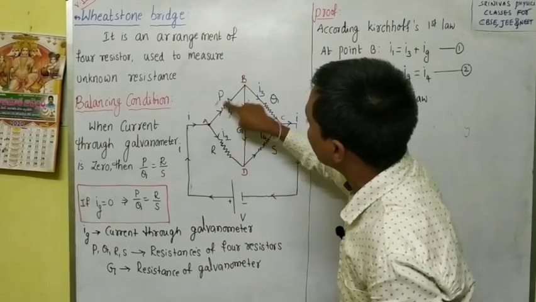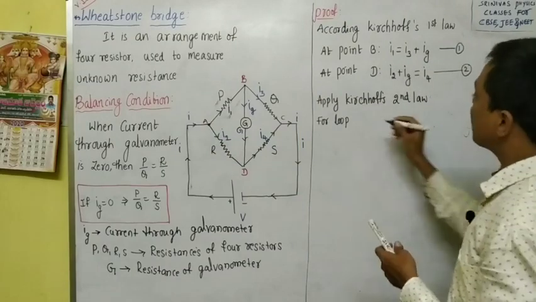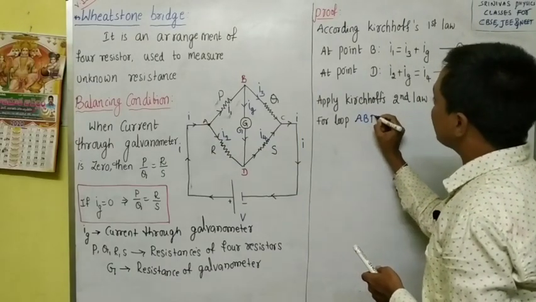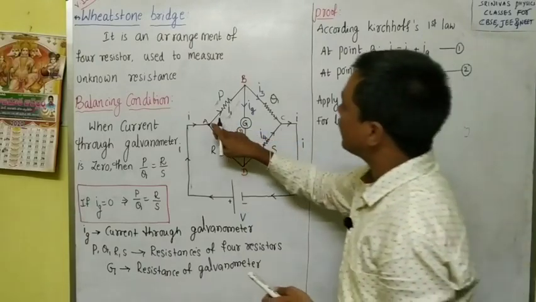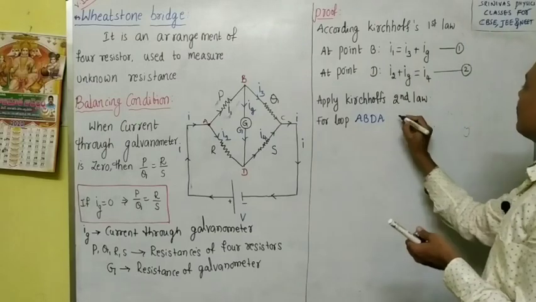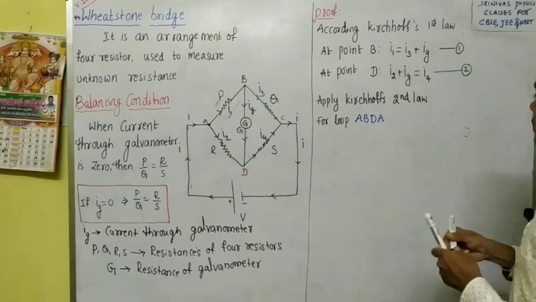You start from A and again come back to A. The loop I am selecting is A, B, D, A, right? And for this loop we will apply Kirchhoff's second law.